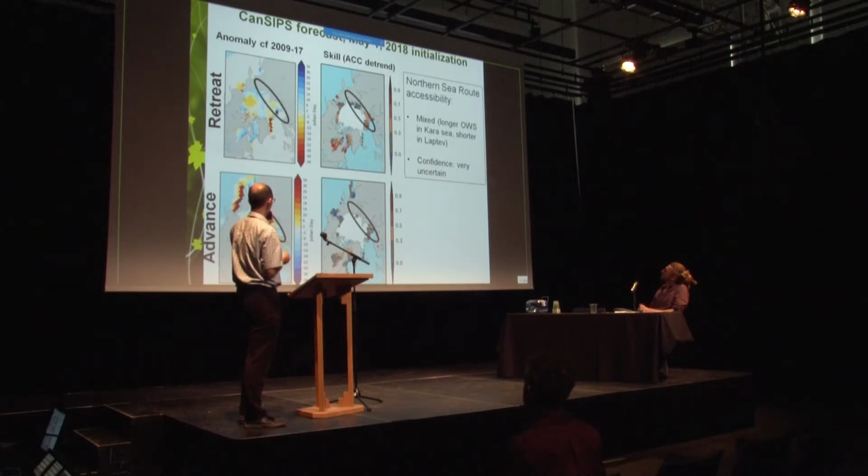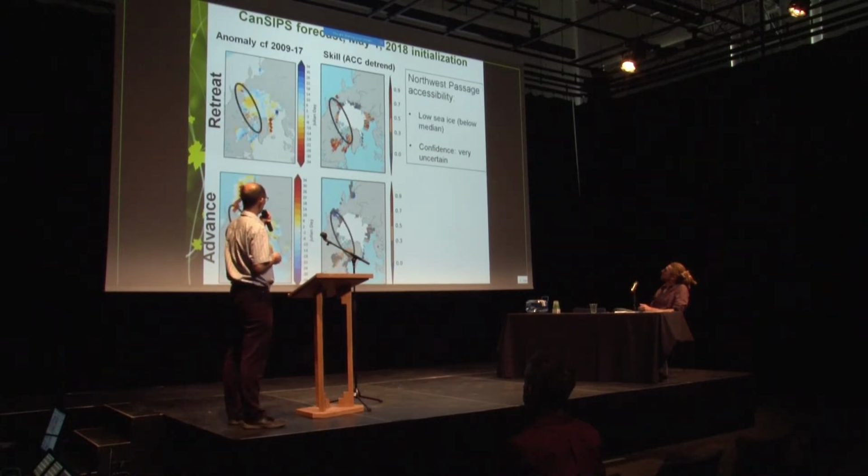Confidence is quite uncertain. There's some skill in the Kara Sea, but not much in the Eastern Siberia and the Laptev Seas. Where these white colors are, we just don't have enough data in the past to come up with a skill estimate.